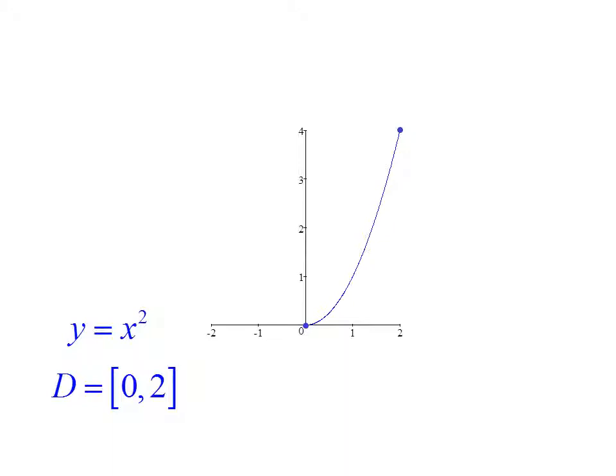If we change the domain to go from 0 to 2 in a closed interval, we see that we have an absolute minimum value of 0 and an absolute maximum value of 4. In this case, the global minimums and maximums are at the endpoints.